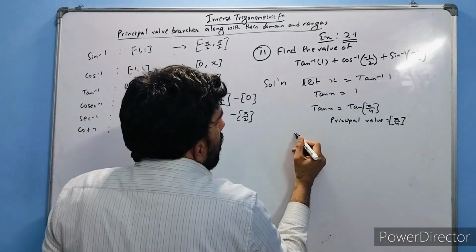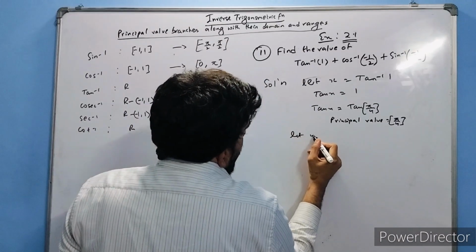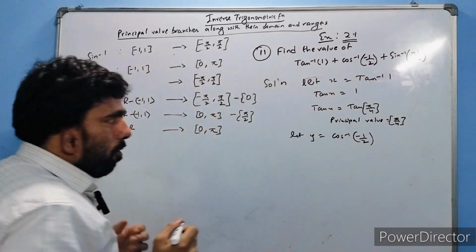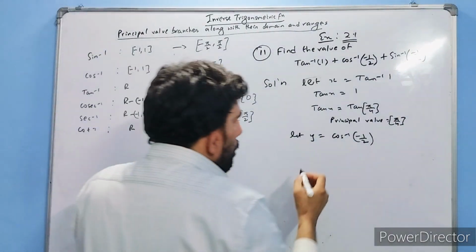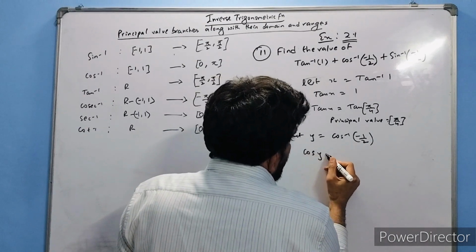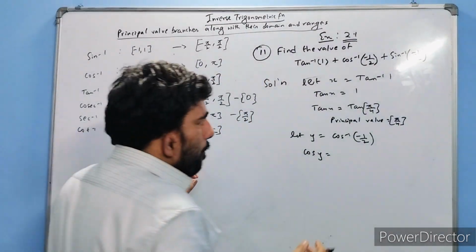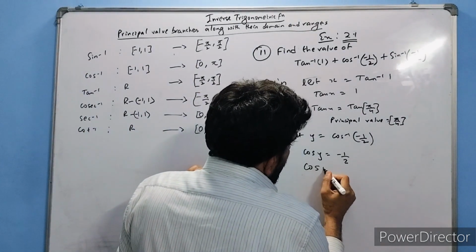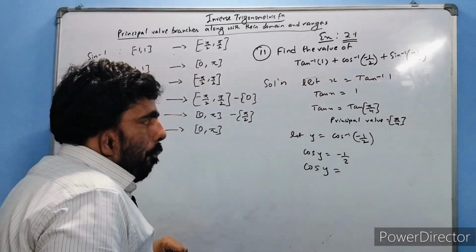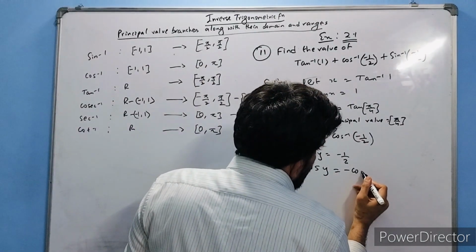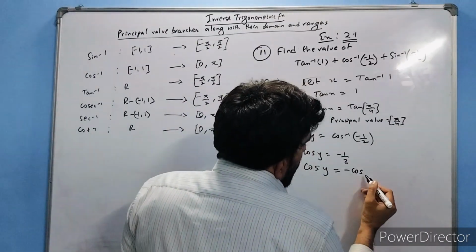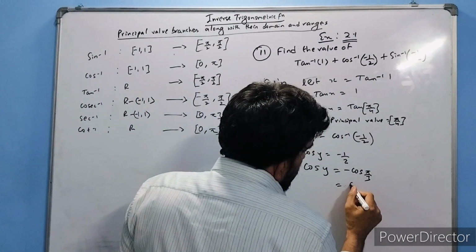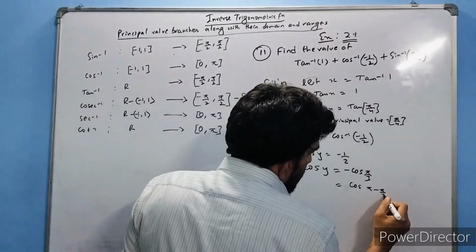Now we'll solve the next one, cos inverse. Let y is equal to cos inverse minus half. So cos y is equal to minus half, or cos y is equal to minus cos pi by 3, that is cos of pi minus pi by 3.